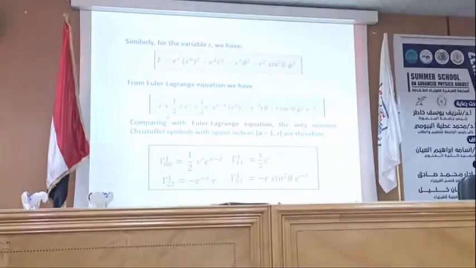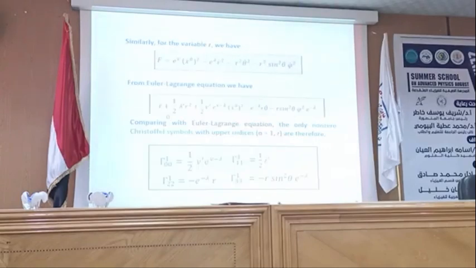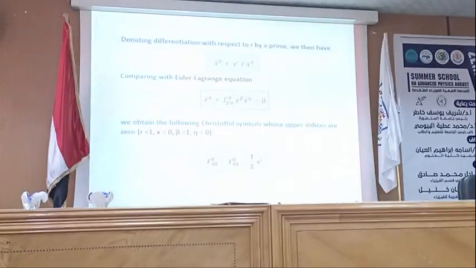Now, look here. I have r double dot, which corresponds to the first term. Corresponds to this one. And I have many terms, 1, 2, 3, 4 terms. Now these 4 terms correspond to each one, because I will compare it with this one.